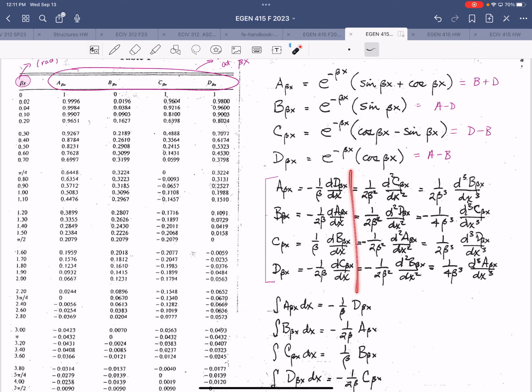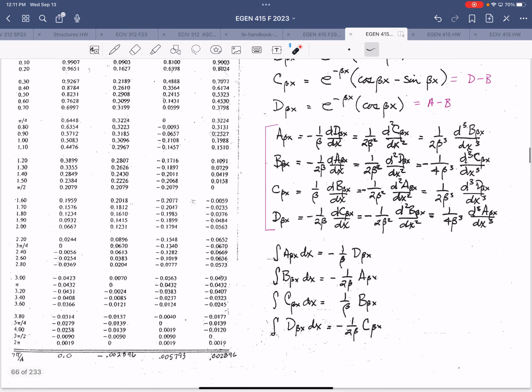So go to the second derivative column, find C, and then relate it to A. So the second derivative of C is related to A by a factor of 2 beta squared. So you just have to move that over to the other side to get the actual second derivative. We'll go through this in the example, but that's how to think about this table.